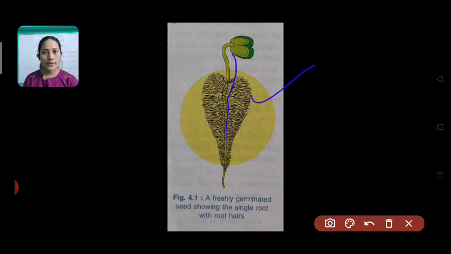So what happens is, from outside, from the soil, water will move into the root hair by the process of osmosis, which we will be dealing with in detail later on. It's a transfer of water from a higher concentration towards a lower concentration. Here, higher concentration I am referring to in terms of water.